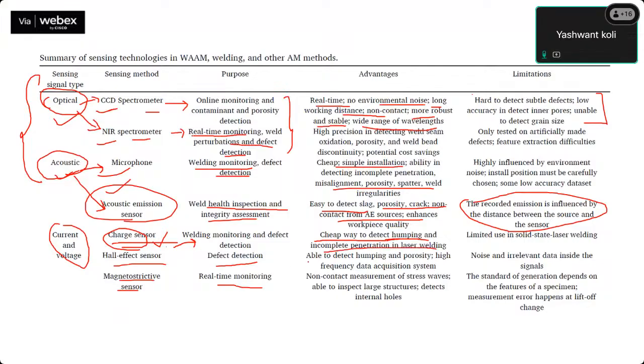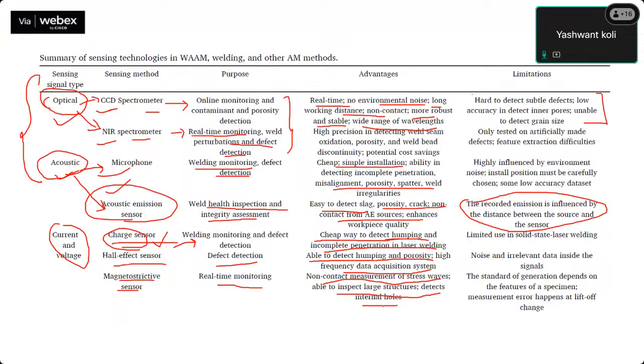The Hall effect sensor is able to detect humping and porosity, with a high-frequency data acquisition system. The magnetostrictive sensor offers non-contact measurement of stress waves and is able to inspect large structures, defects, and internal holes. So these advantages and limitations are there.